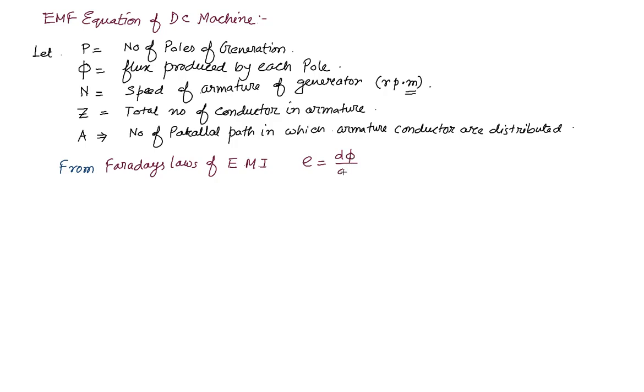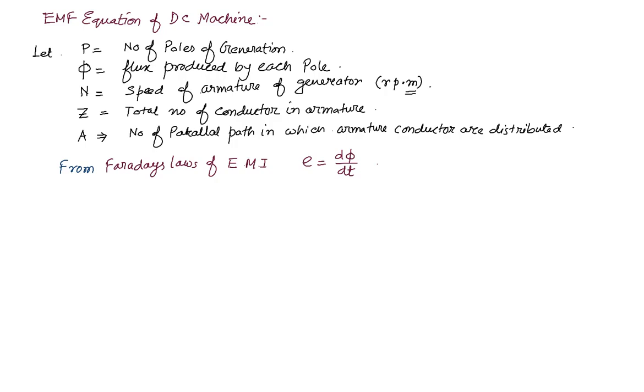This is Faraday's law. One question may arise in your mind: why am I not writing the minus over here? That minus is given by Lenz's law, and that minus denotes that the action and the reaction are in opposite directions. Now the story starts.